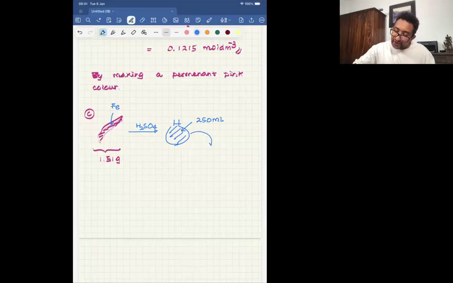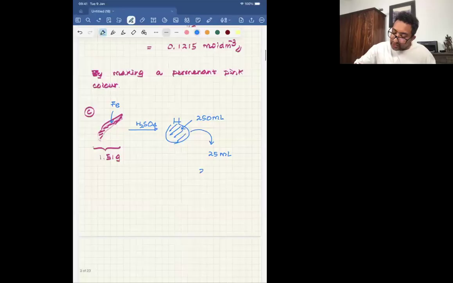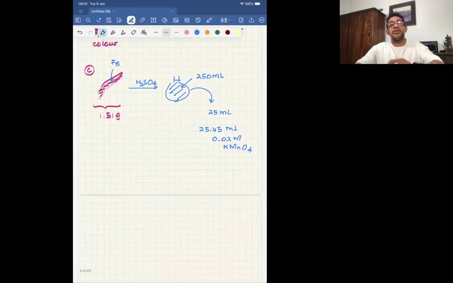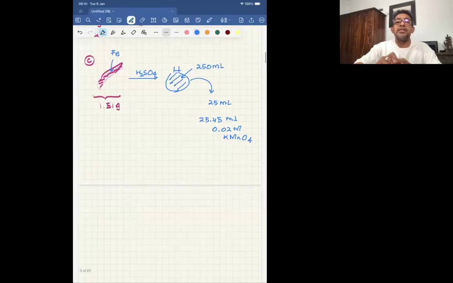Out of that, you take 25 milliliters, pipetted into a conical flask, and it needed 25.45 milliliters of 0.02 molar KMnO4 for complete oxidation, right? The first thing that they ask is calculate the percentage of iron in the sample of steel wire, right? So did you understand the question?